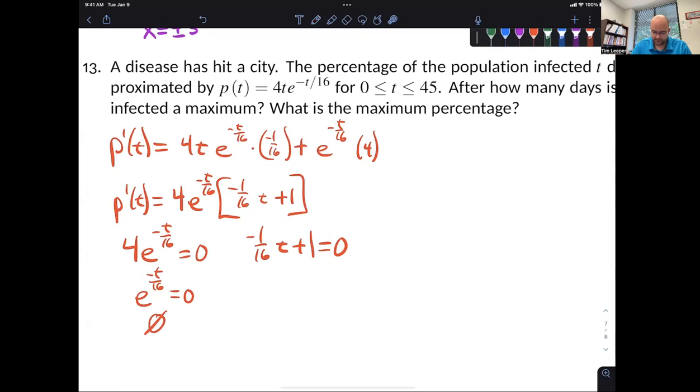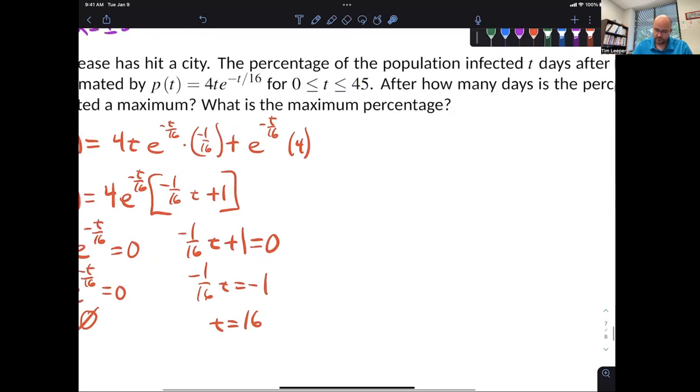For this one, subtract 1. We have negative 1 over 16 t equals negative 1. Then multiply by negative 16, so t equals positive 16. Now notice that that is in fact a critical number because it's between 0 and 45. And we're trying to find an absolute maximum.